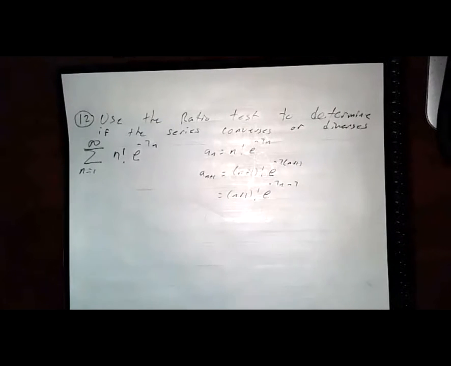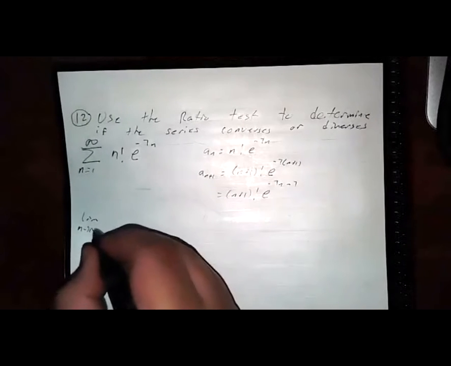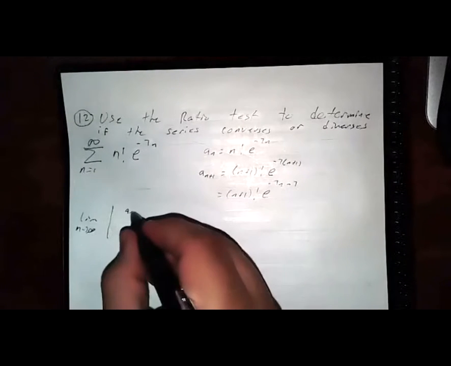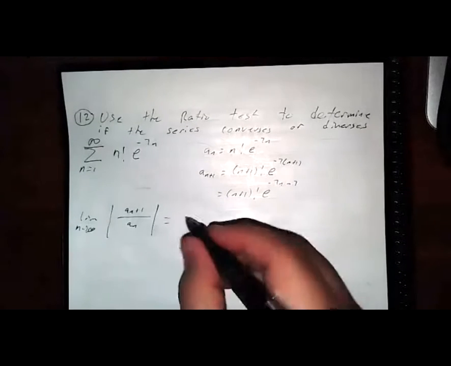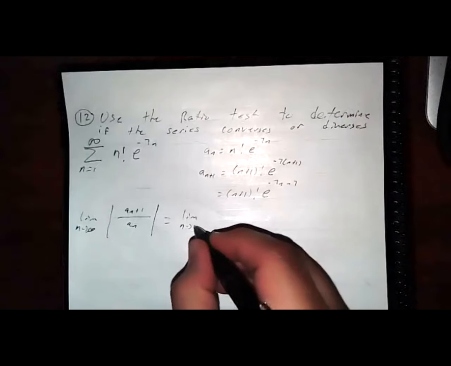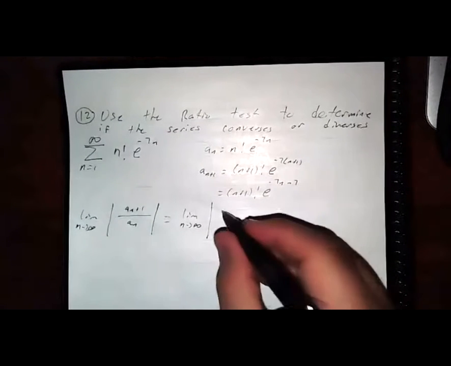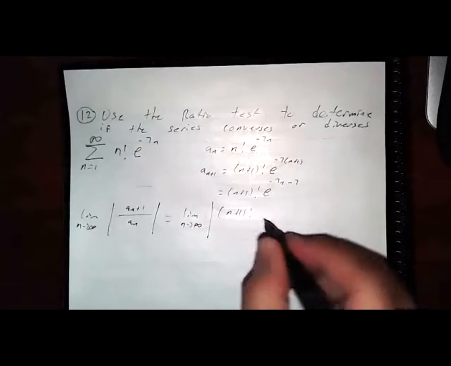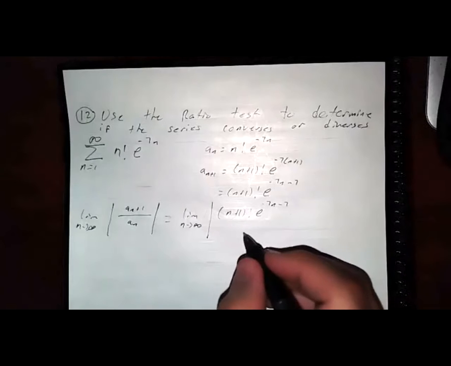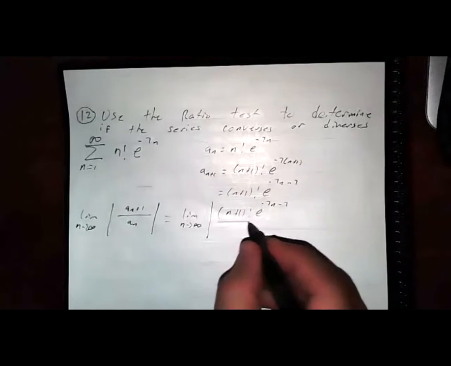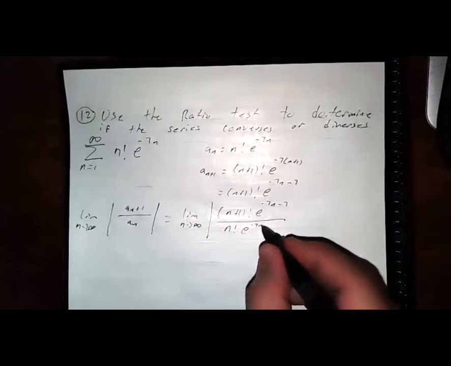So the ratio test is the limit as n approaches infinity of the absolute value of a sub n plus 1 over a sub n, which is equal to the limit as n approaches infinity of n plus 1 factorial e to the negative 7n minus 7, divided by n factorial e to the negative 7n.